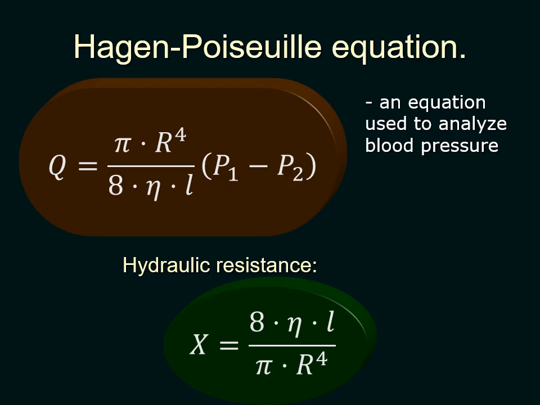That is, reducing, for example, the radius by half will lead to the hydraulic resistance increasing 16 times. That is, 2 to the fourth power. Therefore, many medications, for example for hypertension, are aimed at removing or reducing arteriolar spasm.